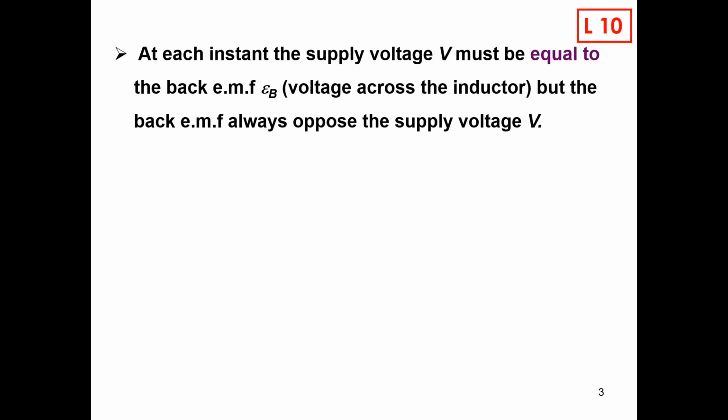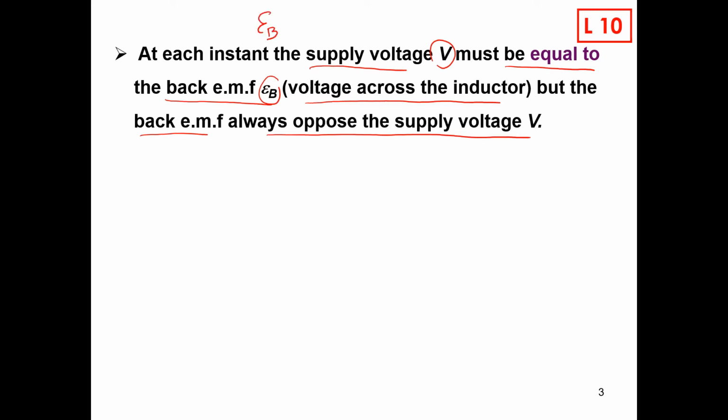In a pure inductor circuit, the supply voltage V must be equal to the back EMF, epsilon B, which is also equal to the voltage across the inductor. But the back EMF will always oppose the supply voltage. As we got from the previous slide, back EMF is equal to negative L I0 omega cos omega t.